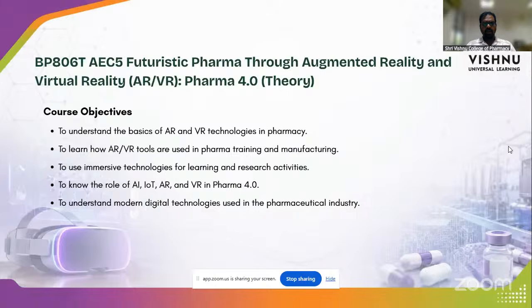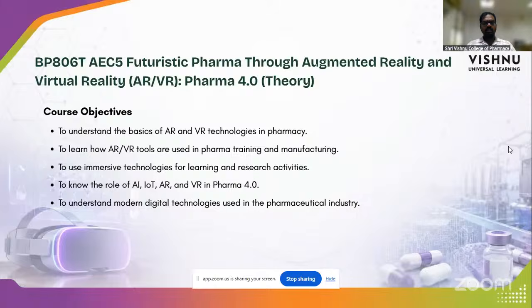So this course, 8.806T, which comes under an elective, has 5 important core objectives. The first is to understand the basics of AR VR technologies and how we can use them in pharmacy, and to learn how to use AR VR tools that we use in pharma training and manufacturing.